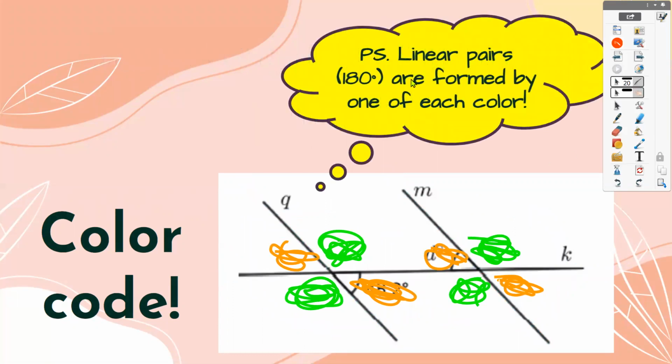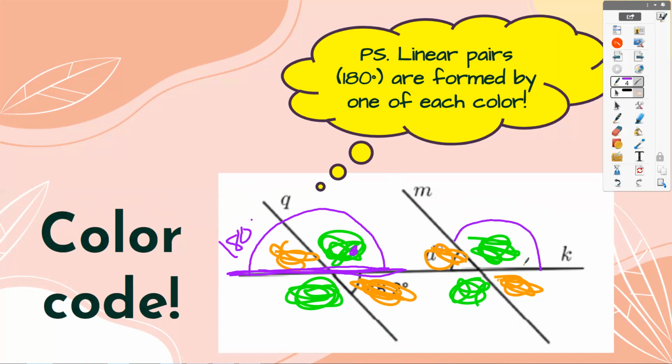Now, linear pairs, which equal 180 degrees, are formed by one of each color. So that kind of brings me back to what we just said. I know that these two together equal 180 degrees because it forms this straight line. Therefore, this green one here, for example, corresponds with that green one here.